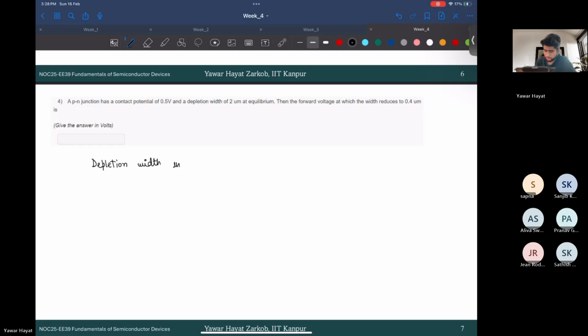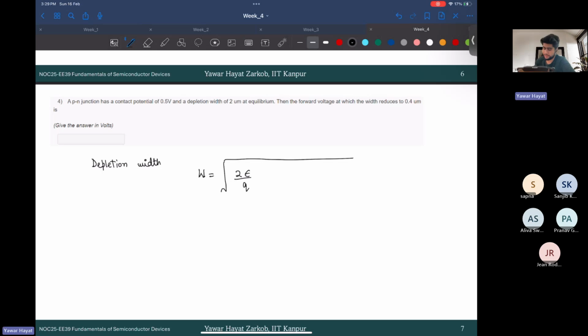Under unbiased condition, your depletion width would be W, that is equal to square root of 2 epsilon by q, NA plus ND by NA ND, and then you have VBI minus VF.